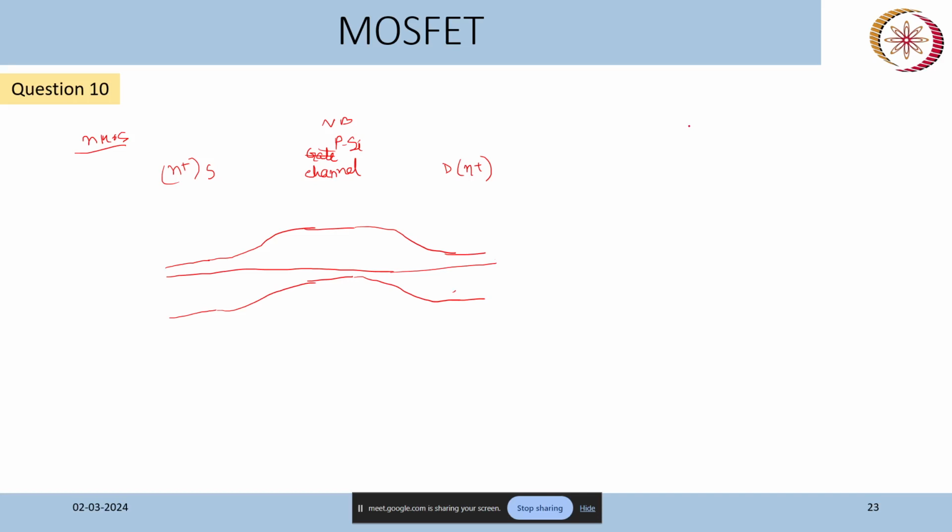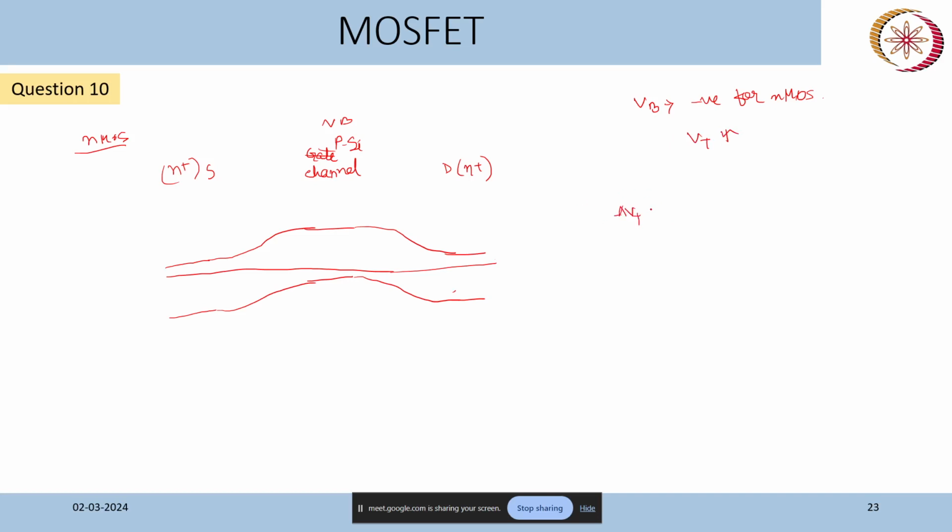When VB, which is negative for NMOS, is applied, this barrier height increases, so VT will also increase. And how does VT change?